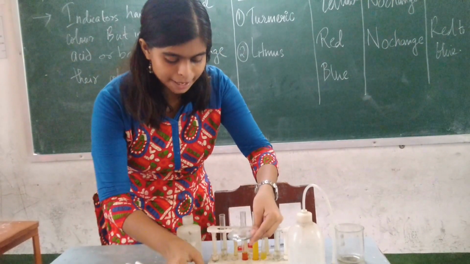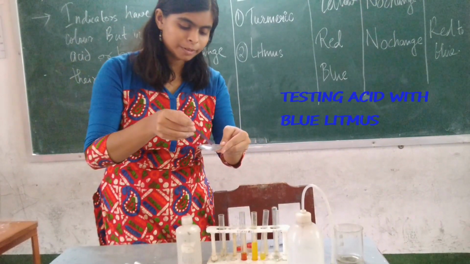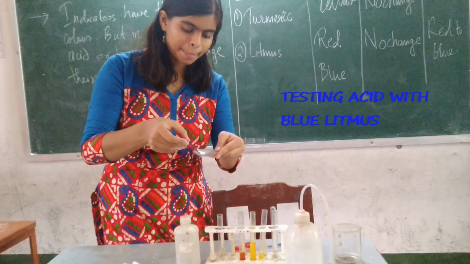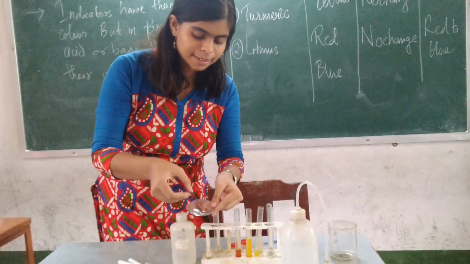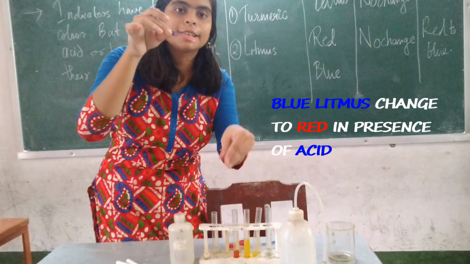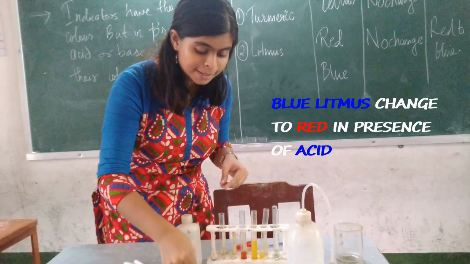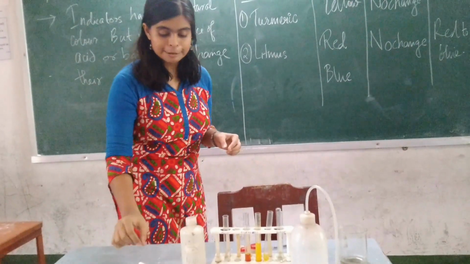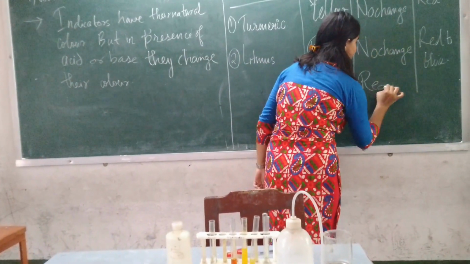Now I am adding this blue litmus paper. Let's see if it changes color or not. Can you see the change? Slowly it is converting into red. So we can say that in presence of acid, blue litmus changes into red.